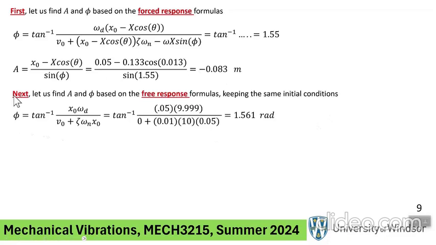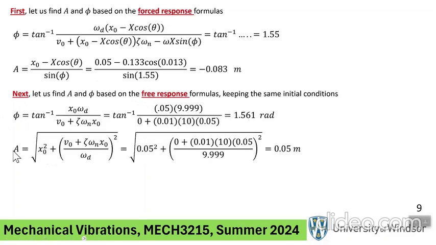Okay, so now we go to the stuff that we did two weeks ago. There was no forcing involved, but there were formulas. You can see that this formula from two weeks ago does not involve big X and theta, because there was no big X and theta. There was no right-hand side. The right-hand side was 0. So if we accidentally went and plugged in the stuff that we know in that expression, you're going to get 1.5561, and A is going to be 0.05, which are different.